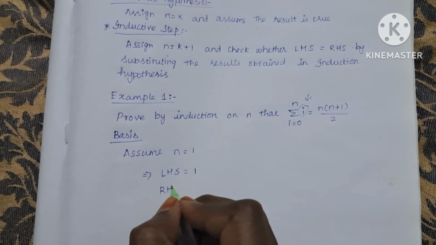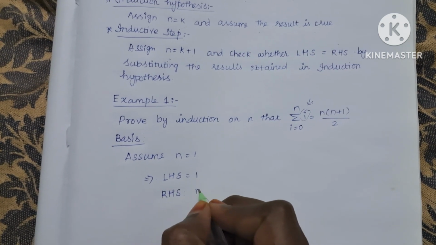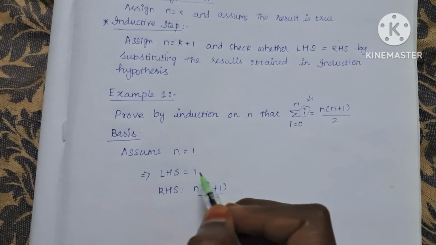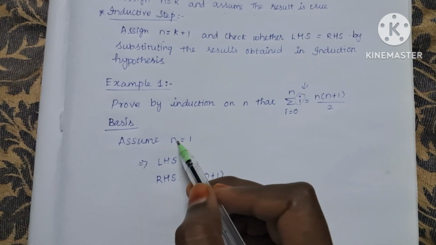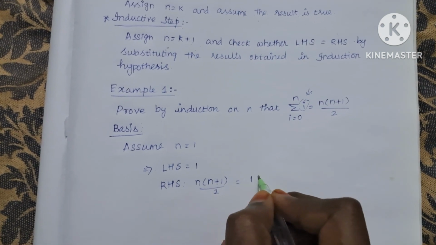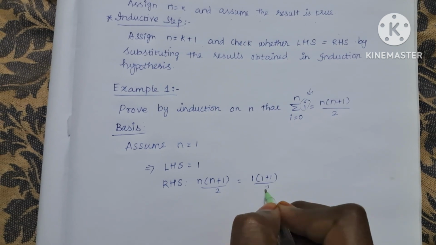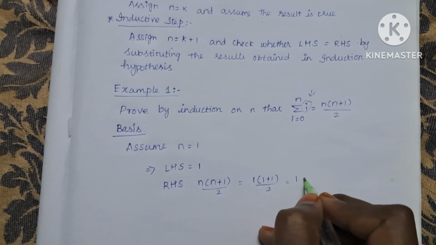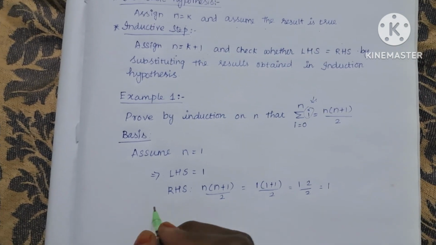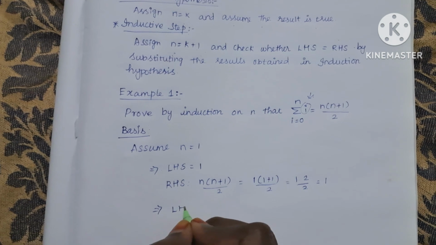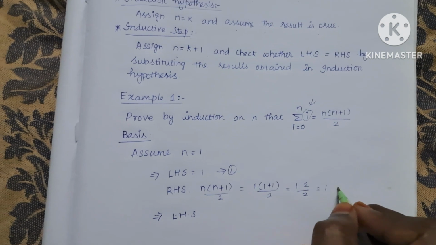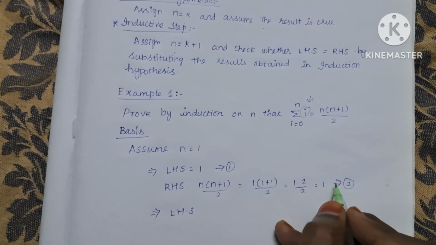In right hand side, we are substituting this value, n is equal to 1. So 1 into 1 plus 1 by 2 is equal to 1 into 2 by 2 is equal to 1. So we proved that left hand side and right hand side, both are same.